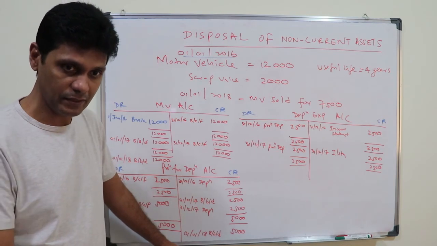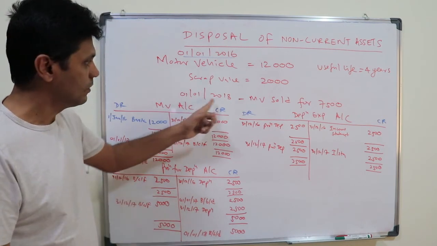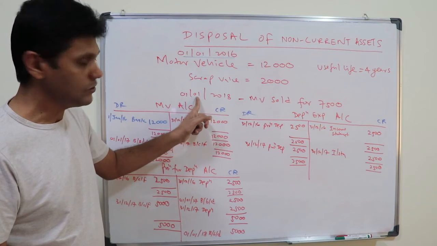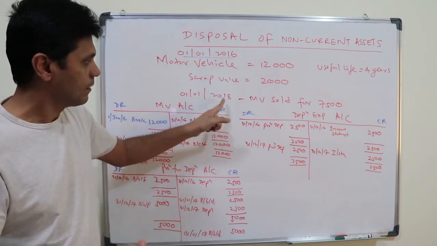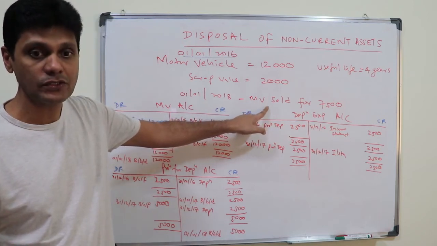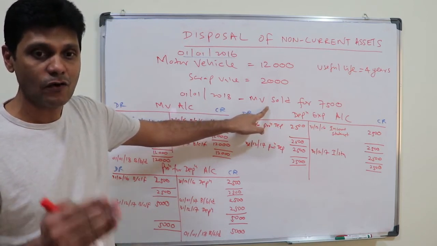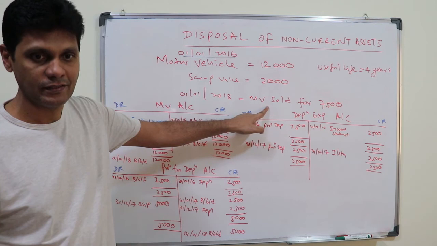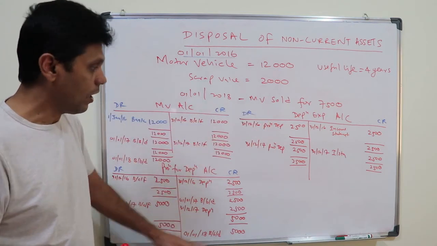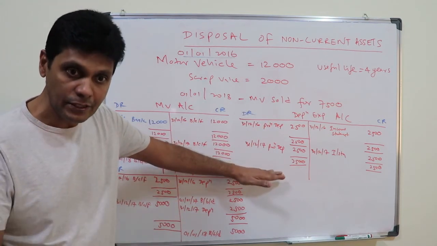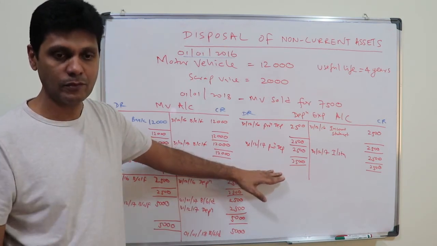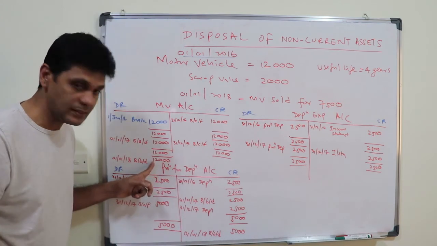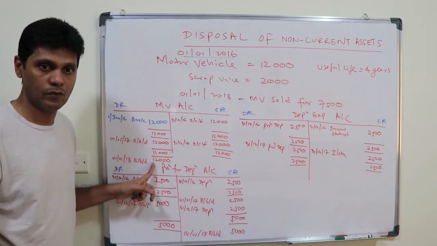However, the business sold the motor vehicle on 1st January, the beginning of 2018, for 7,500. So you can't continue the depreciation, because you need to remove the asset from the books of accounts. You need to make this account zero.